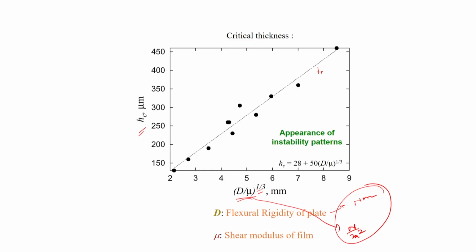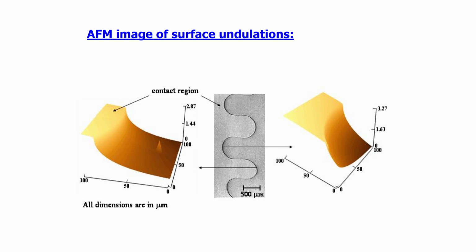So, these are the things that we keep in mind when we do this kind of peel experiment to find out the fracture energy of an adhesive with respect to a substrate. There is another point: how does this contact line look like? So, we carried out AFM scanning of the surface. For that we needed to freeze these patterns, because these are elastic instability patterns.